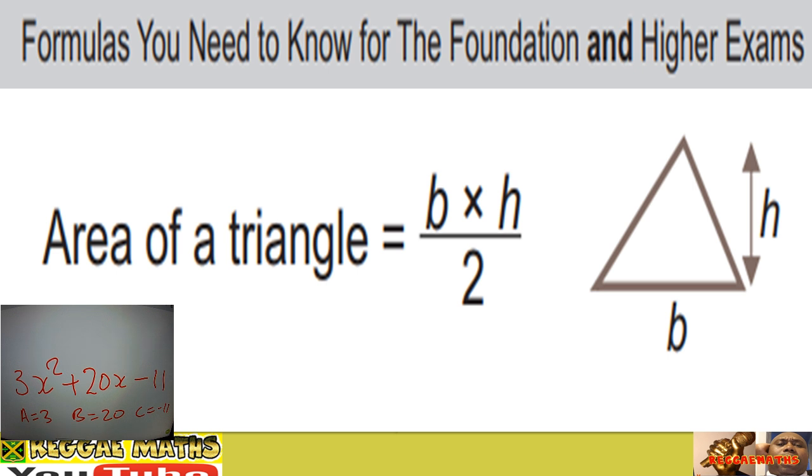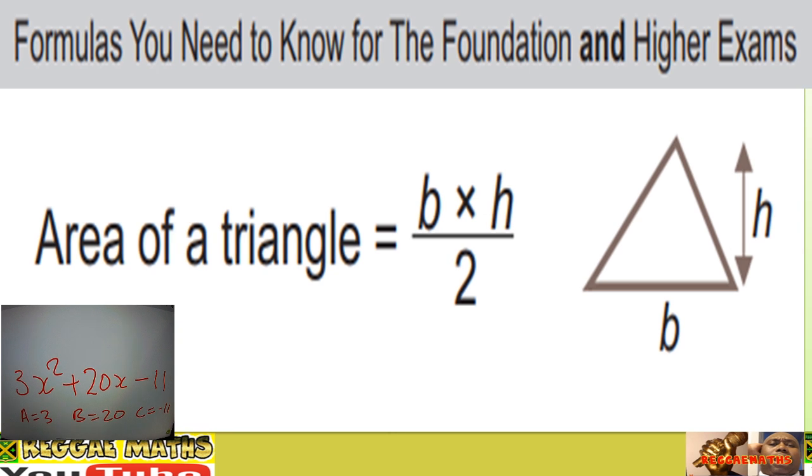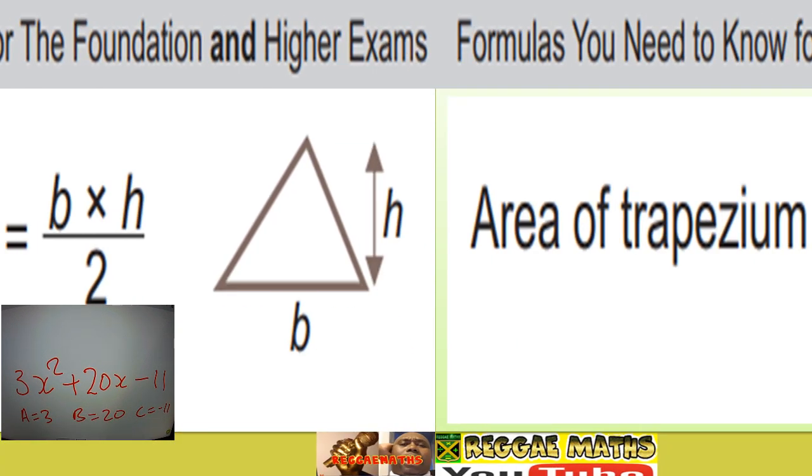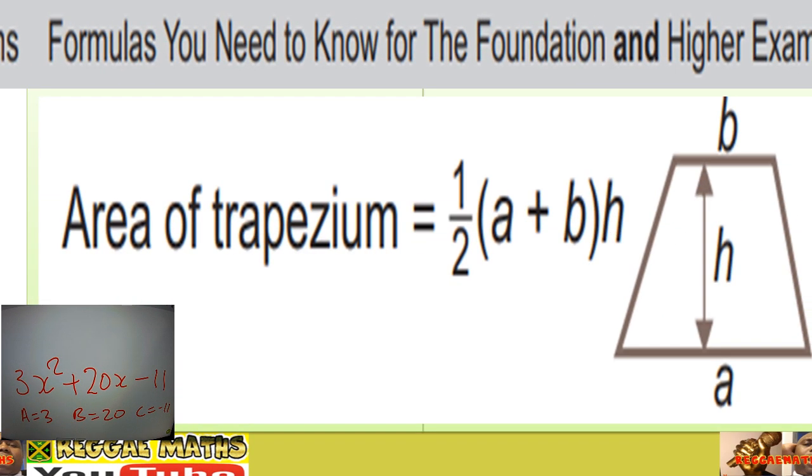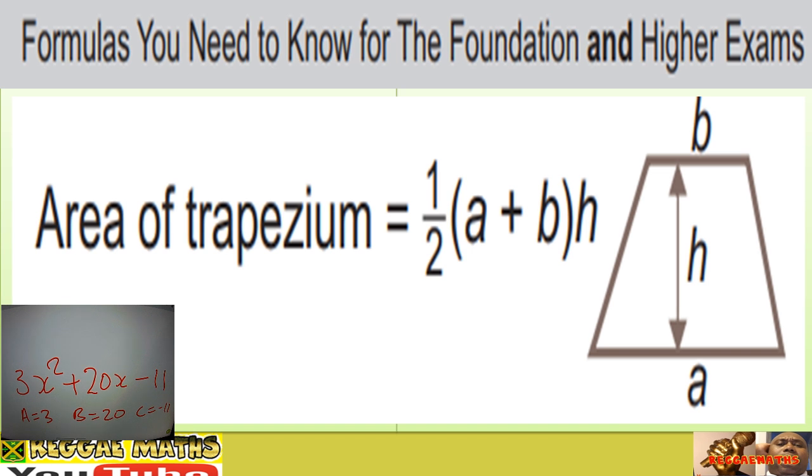Area of a triangle is base times height divided by 2, higher and foundation. Right, area of a trapezium. This normally comes up in the exam, but now it is not anymore.